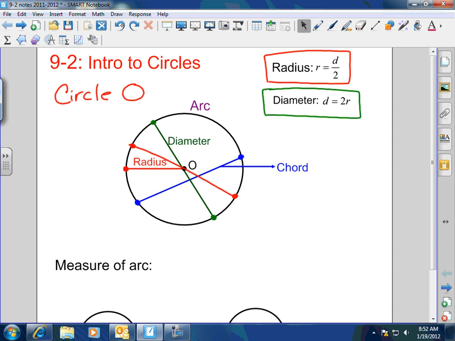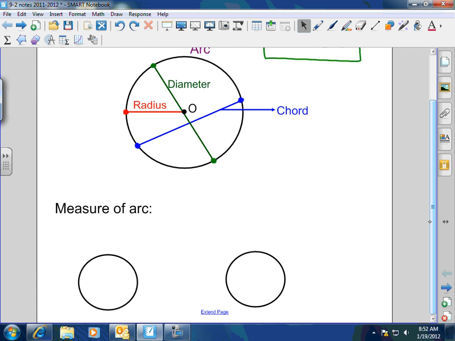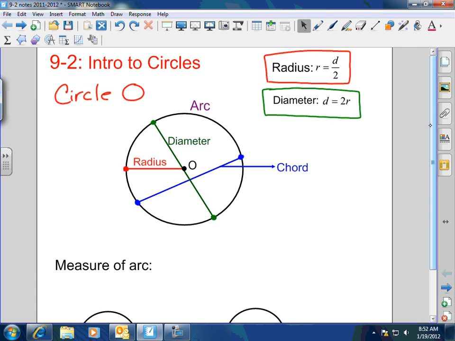Now let's continue. Let's talk about arc. Let's mention arc here. When we're talking about arc, an arc is kind of, let's go back to the pizza, it's kind of the crust part. You know when you take a slice from the pizza, you have that kind of curved crust at the end?